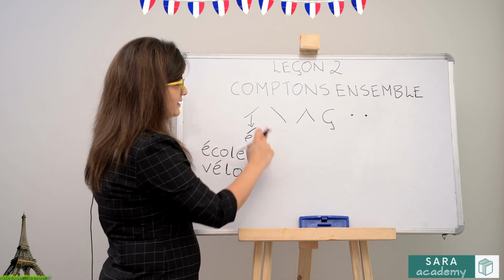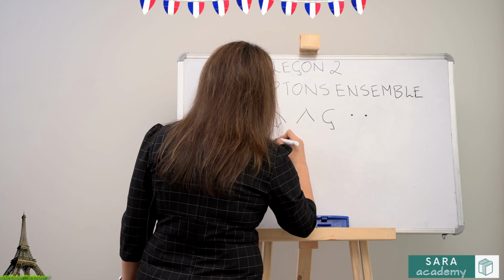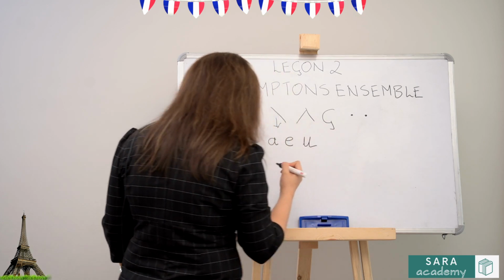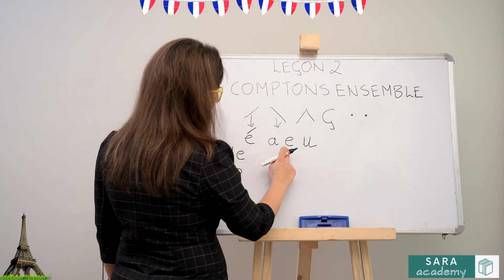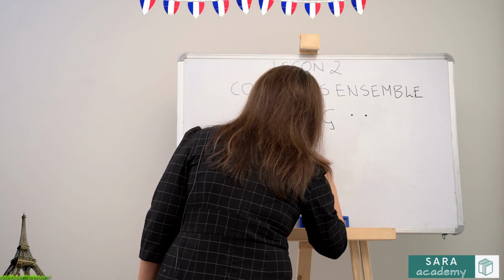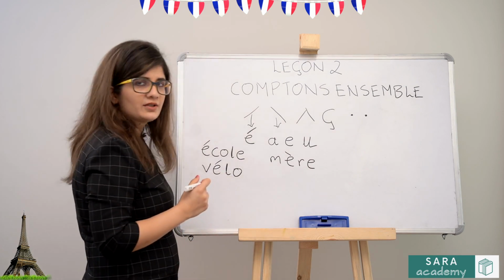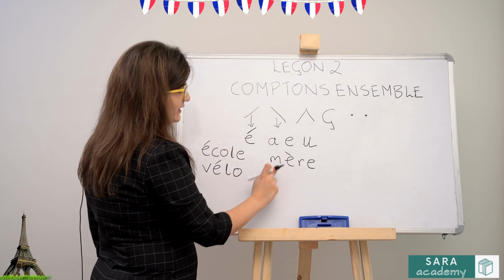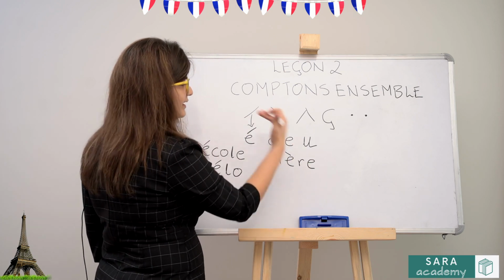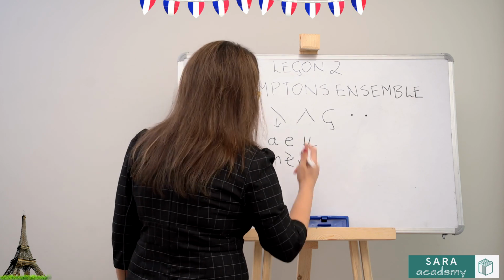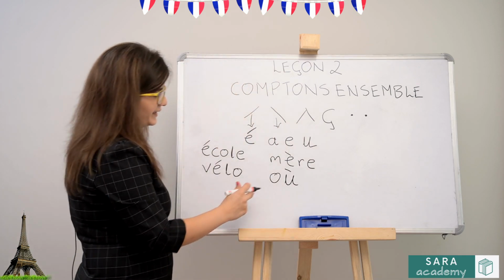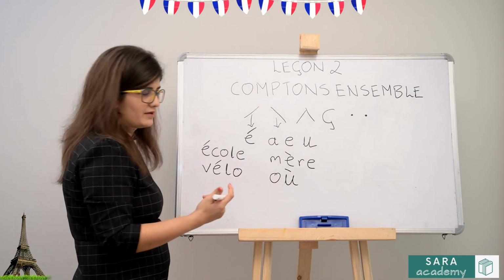The next accent is grave. It can come either on A, E or U. So let's take for example mère, which means mother. So how will you memorize this spelling? M-E grave R-E. Next word is où, which means where.